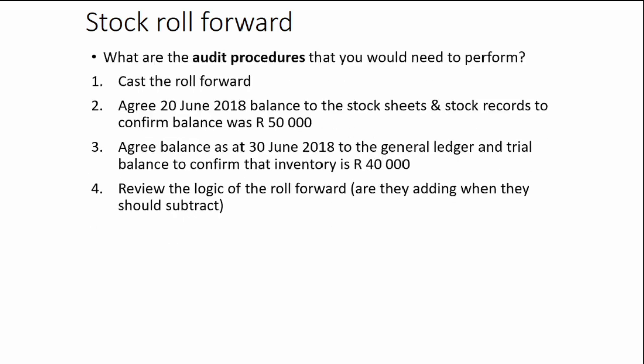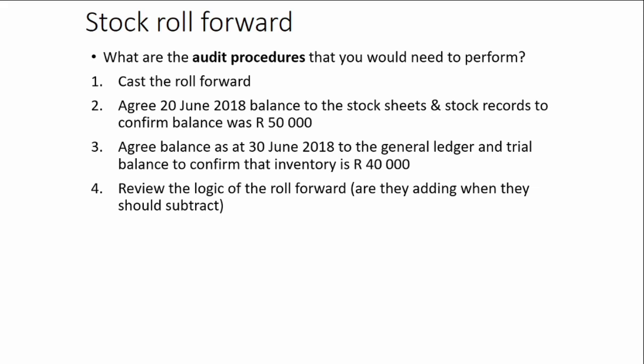So in our case now, we're dealing with inventory. So we would want to obtain the calculation of the roll forward that has been done by our audit client. So as the auditor, we will be utilizing a document which roll forwards the actual inventory items for us.